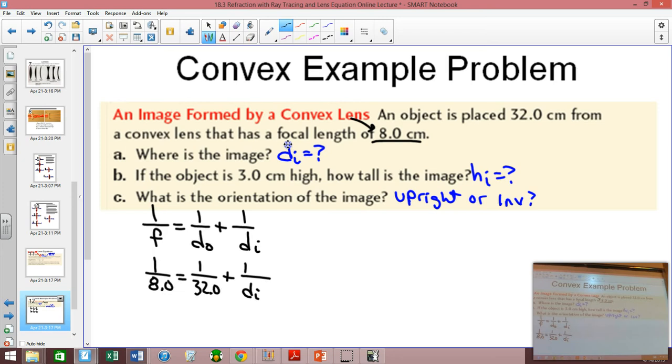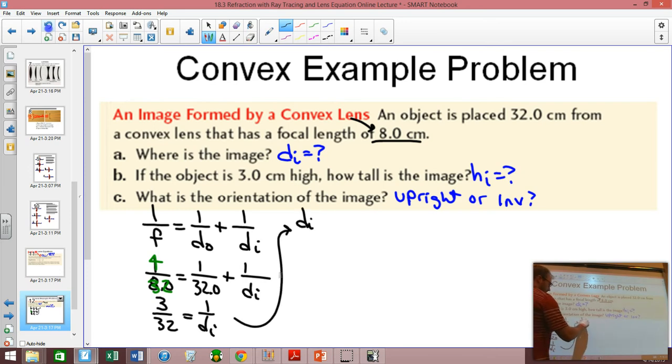I'm just going to make common denominators here. This is going to be 4 over 32. So 4 over 32 minus 1 over 32 is 3 over 32. That means my distance to my image is, you flip that, 32 over 3, which is 10 2/3.